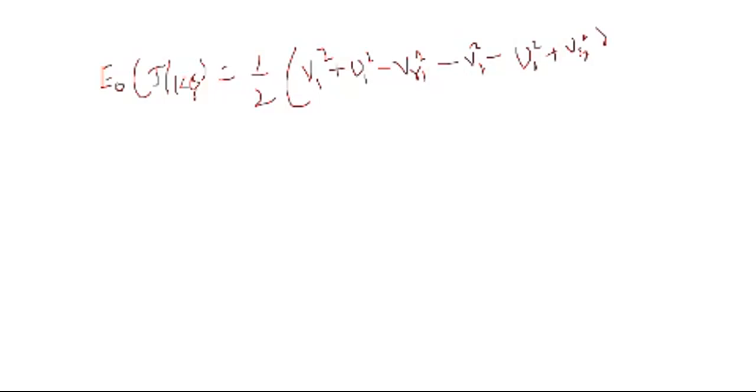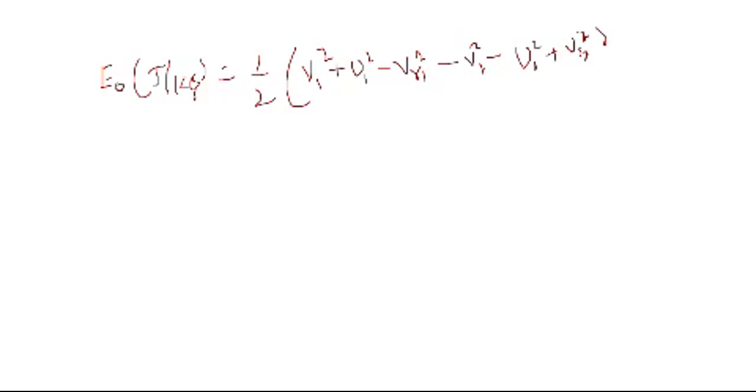is equal to, after substitution you will get 1 by 2. I will take common: V1 square plus U1 square minus Vr1 square, minus V2 square minus U2 square plus Vr2 square, will get like this.